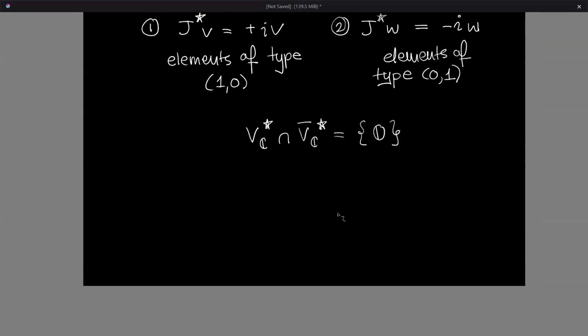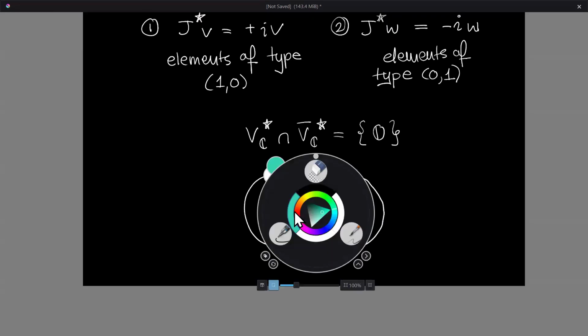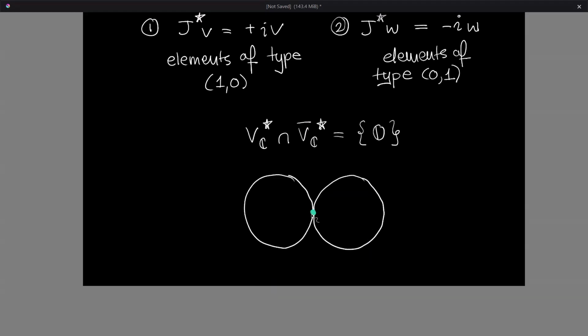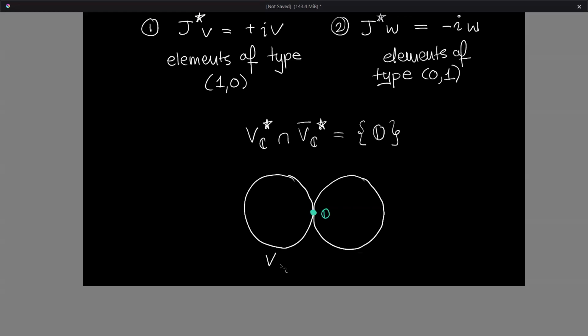So that tells us the shape of these two as a Venn diagram. They kind of look like this, where I'll do that in a different color. There's only one point here, which is 0. That's their intersection point. And you have one, which is VC star, and the other one, which is VC bar star.